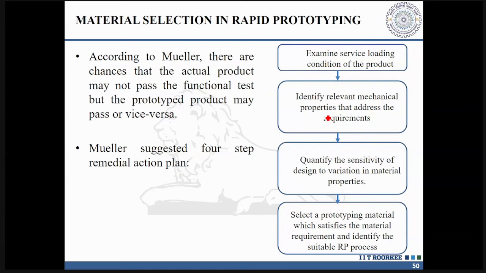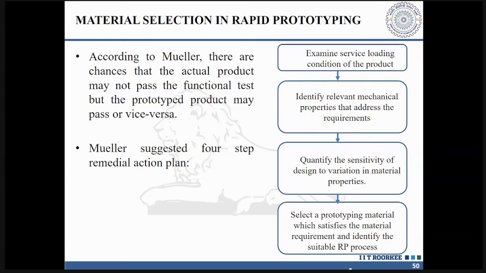Once you have done that, select the material. I can get a Young's modulus of 100 units in steel also, in cast iron also. So make a list of the materials. Let us say I make a list of steel, cast iron, aluminium. These are all the materials which can be used for these service loading conditions.